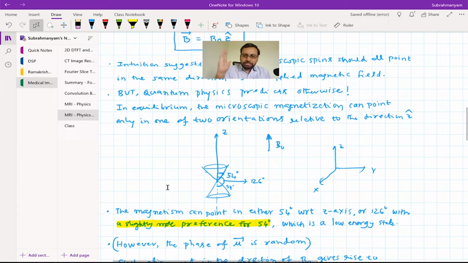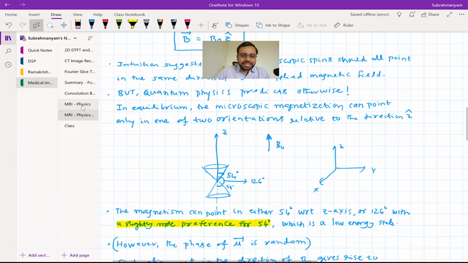When you apply an external magnetic field, what quantum physics tells us is there is slightly more preference for atoms to rotate in 54 degrees, that is, being in a parallel state to the applied field. So there is a slightly more preference. How much would it be?